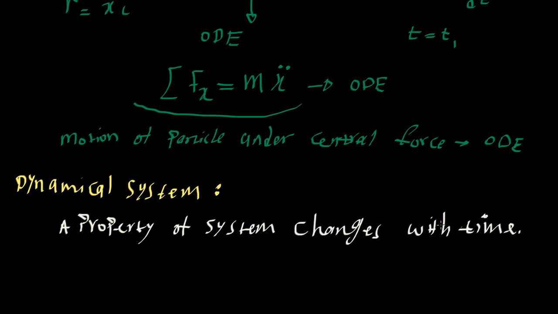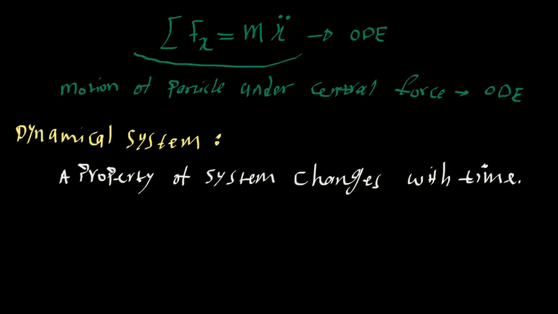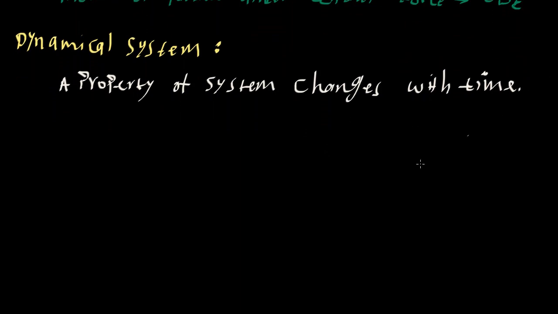And you can see that this is a very, very general definition. It's not just for dynamics or mechanics or vibrations or these kinds of topics. Any system where one of the properties changes with time is a dynamical system. And the study of these systems is all related, because they are all going to be modeled as a differential equation.